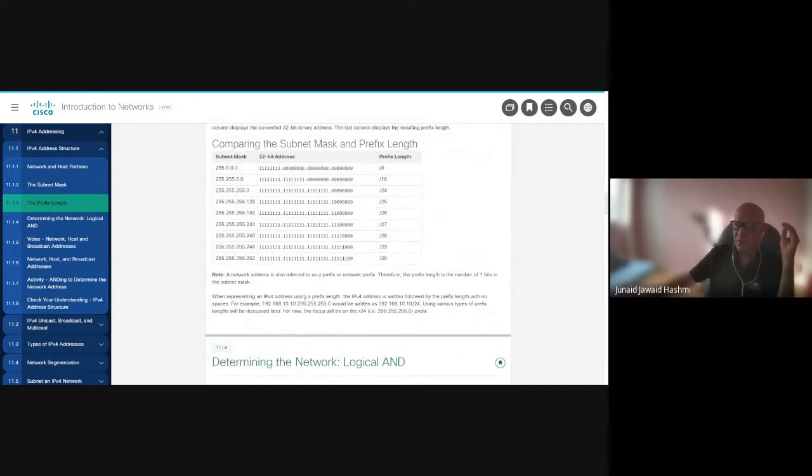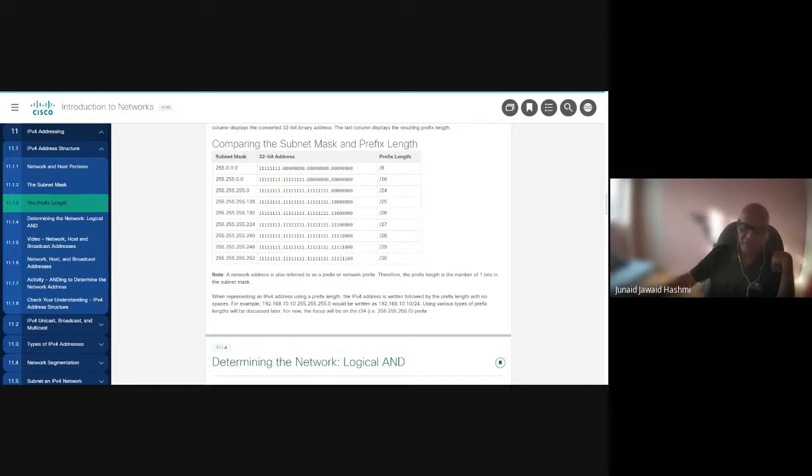So as you can see here, the subnet mask is a 32-bit address, and these are the prefix. In a lot of documentation, instead of seeing the whole subnet mask, like 255.255.255.128, you will see the prefix, okay? A prefix of 8 means 8 bits are used for the network ID.